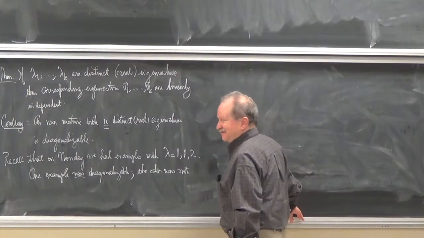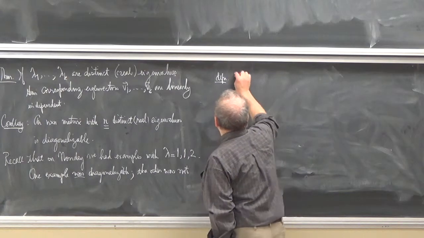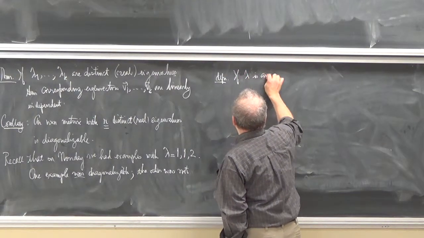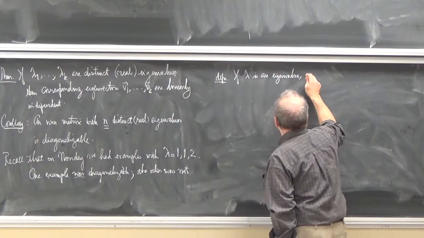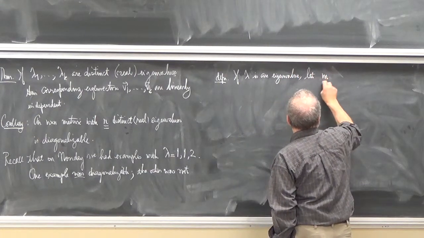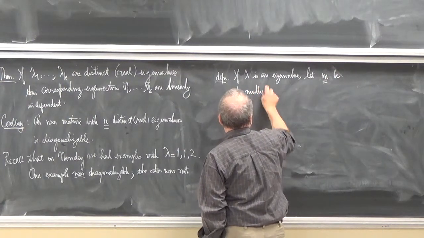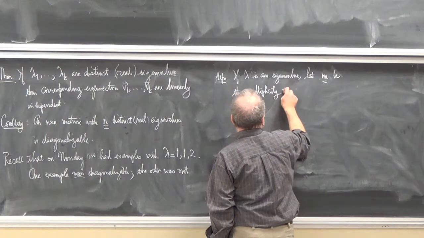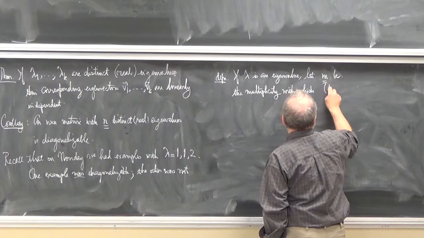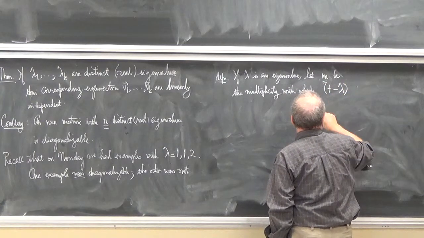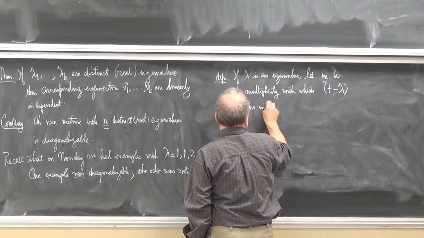So, definition: if lambda is an eigenvalue, let m be the multiplicity with which t minus lambda appears in the characteristic polynomial.